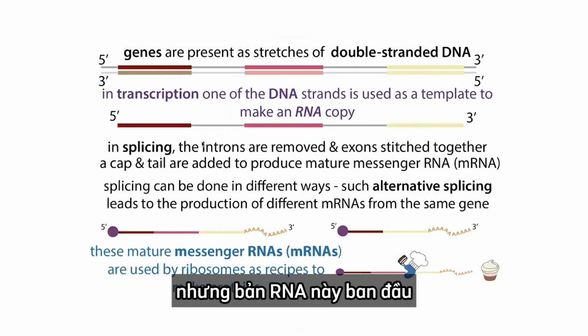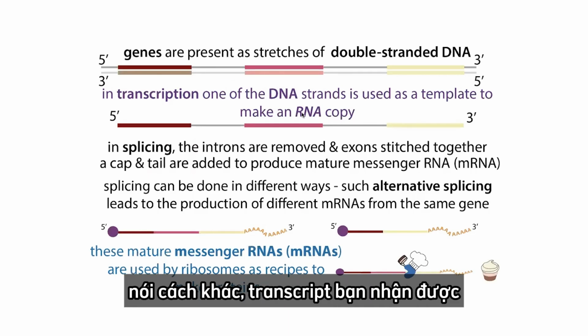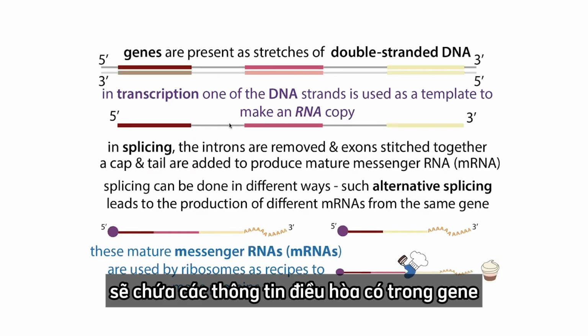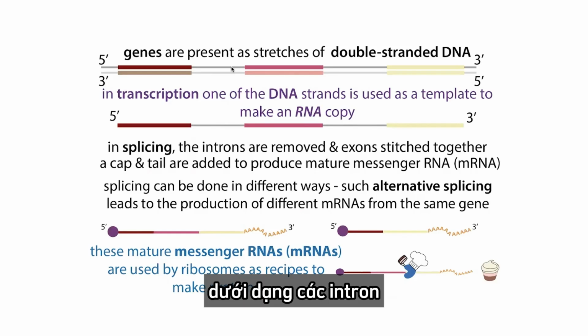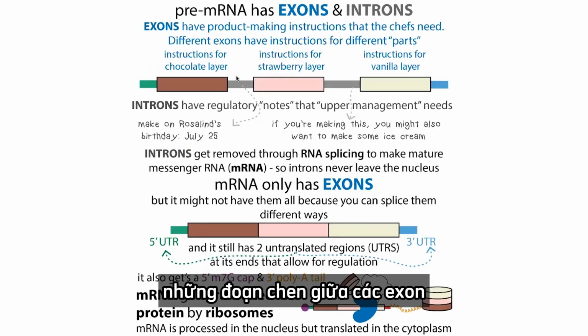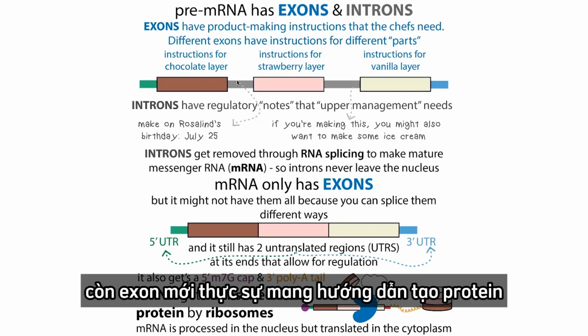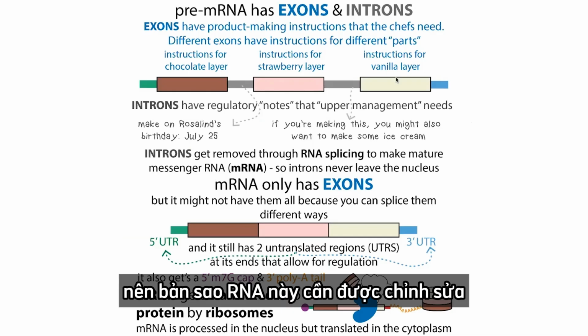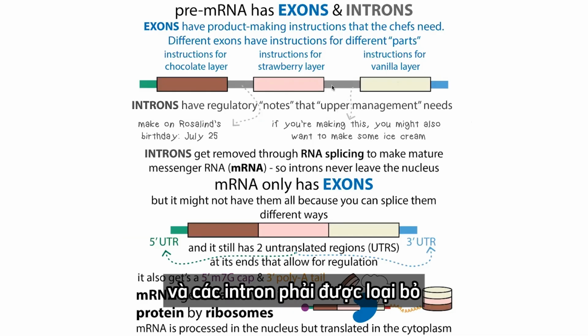But this original immature messenger RNA, this transcript, is going to have regulatory information that was present in the gene in the form of introns, which are interrupting regions between the exons, which are the regions that actually have the instructions for making a protein. And so this RNA copy needs to get edited, and those introns need to get removed.